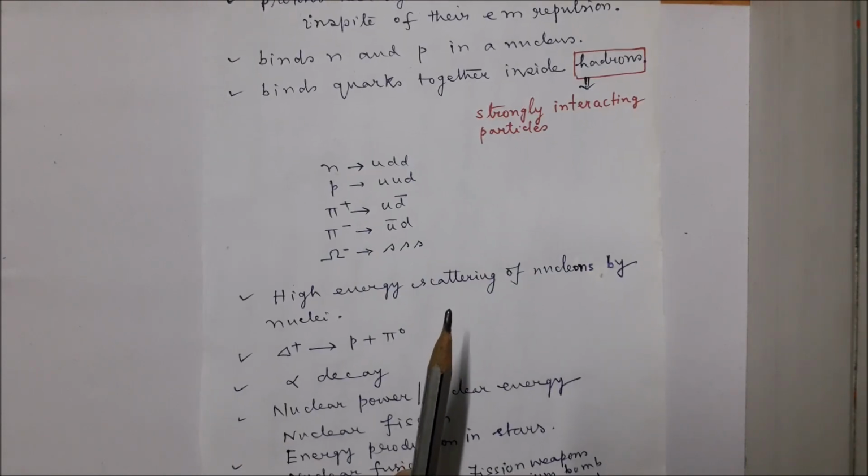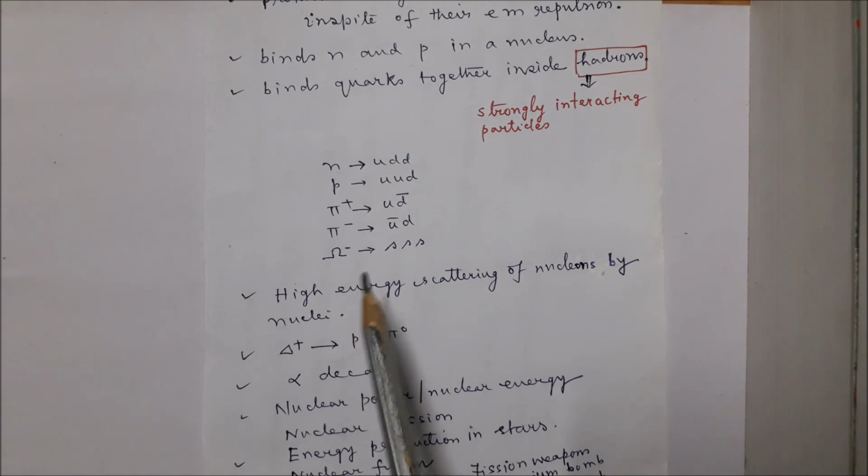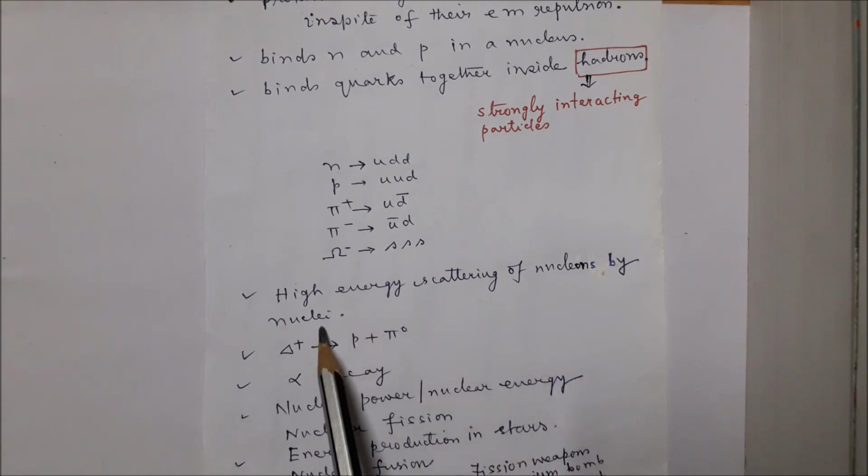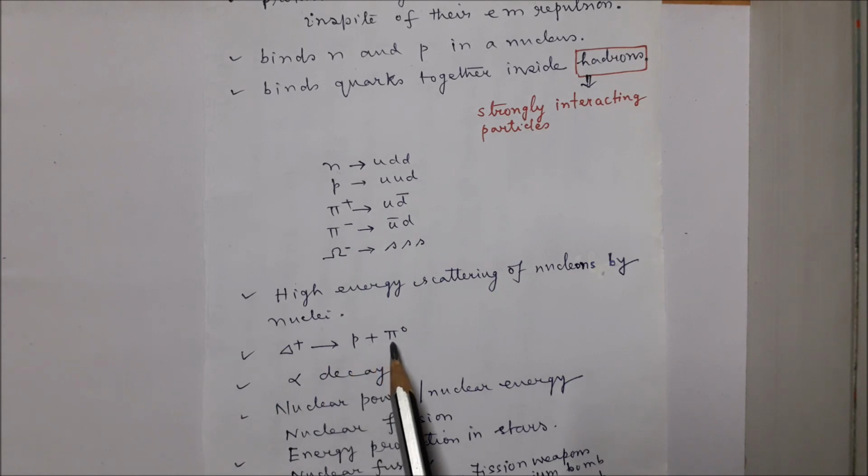Certain interactions have been observed, like high energy scattering of nucleons by nuclei, the alpha decay, or a delta plus becoming a proton and a neutral pion. Here the transition of the initial state, delta plus, to the final state, proton plus neutral pion, occurs through strong interaction.